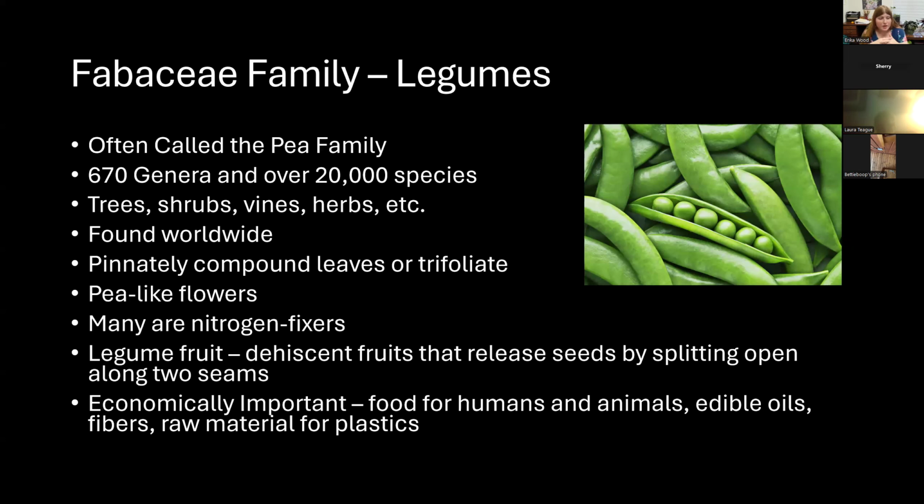A couple other things. Not only are the flowers and the leaves very easy to identify, but the fruit is as well. Especially as it matures and dries up, it releases these seeds. The seeds are found in these pods that break open in between two seams.